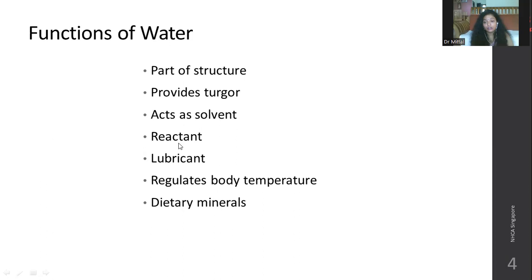Yes, exactly, it is fluoride. Water also supplies dietary minerals based on the source. Based on the water source, dietary minerals can be supplied naturally through water.